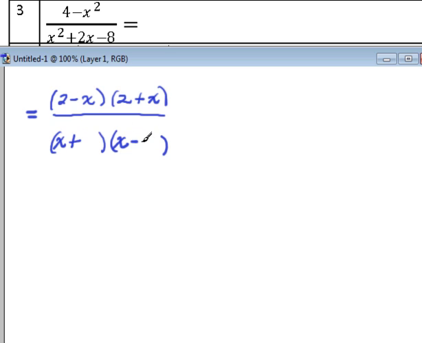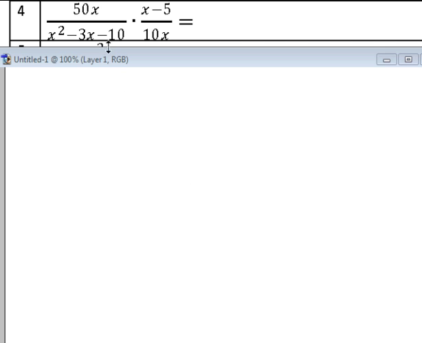All right, so here we have x minus 2 times x plus 4. And we can cancel the x minus 2 with the 2 minus x, but since those are subtractions in different orders, we replace with minus 1 when we do that canceling. So we have minus 2 plus x divided by x plus 4.